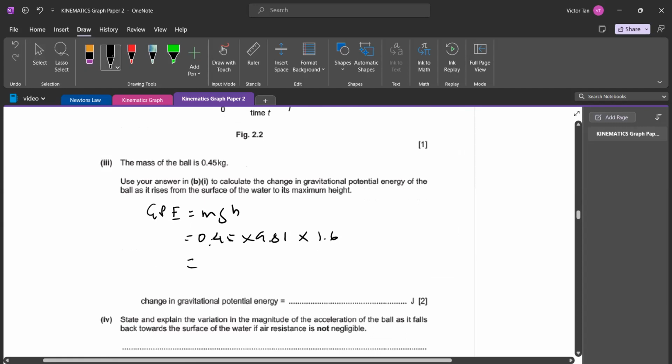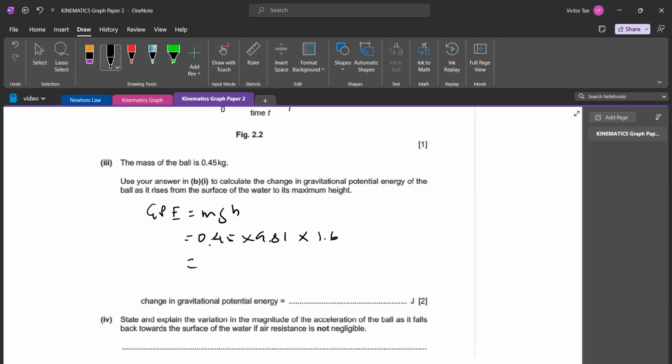So the answer that you will obtain is 0.45 times 9.81 times 1.6. To two significant figures, it is 710 joules.